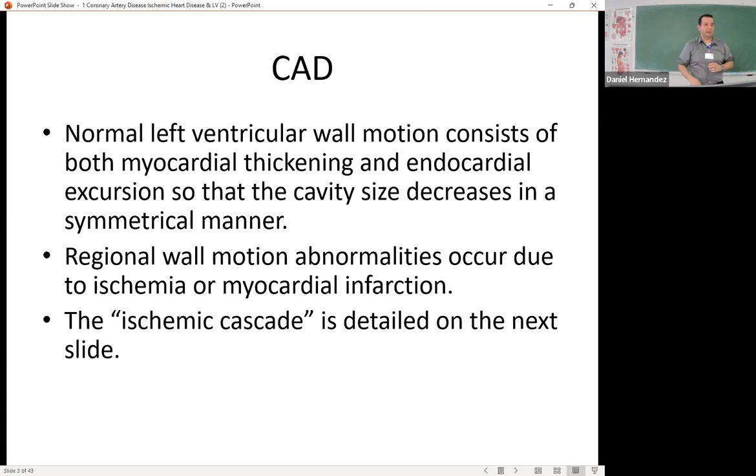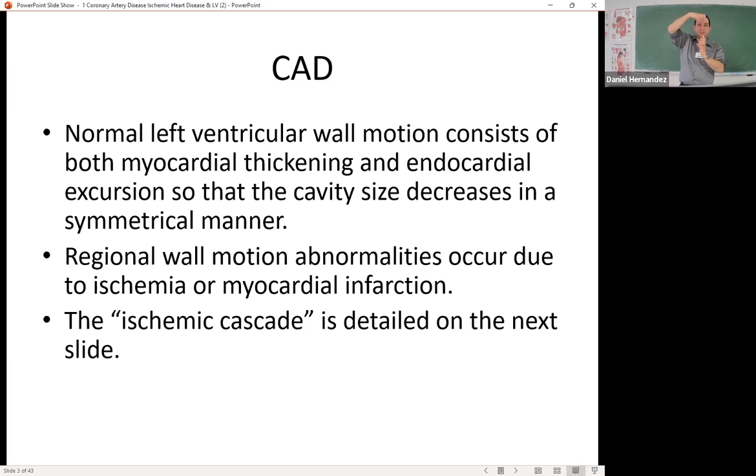One of the tricks I use when assessing EF and looking for wall motion abnormalities is, even if a wall is moving in one direction, is that myocardium thickening? That's a much easier way to determine if a wall segment is down, rather than looking to see if it's moving.